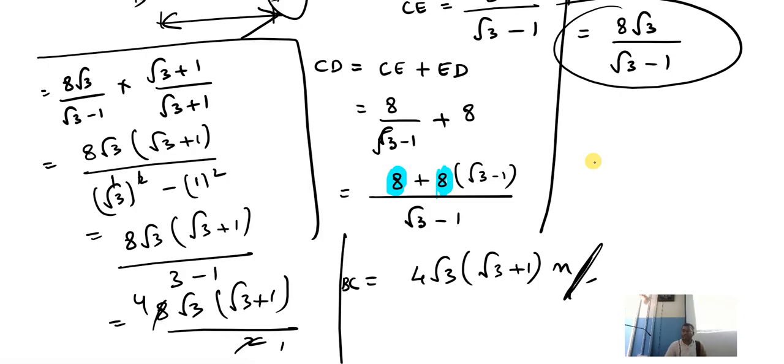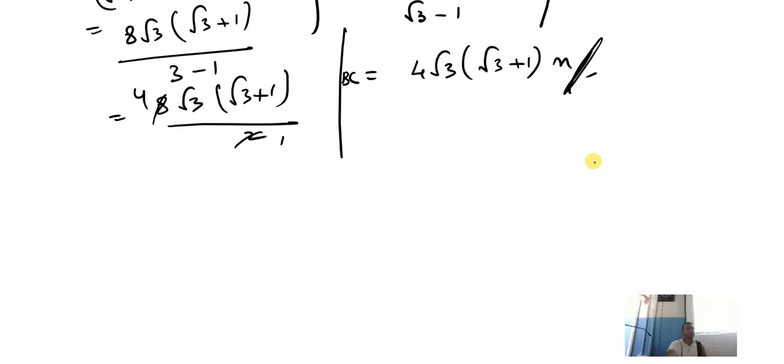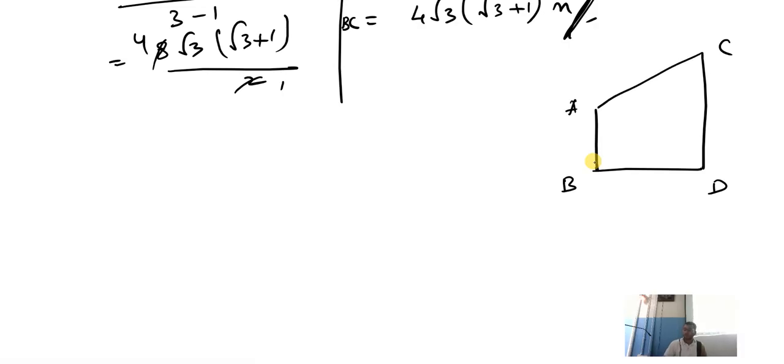And also they are asking something to calculate. What are they asking us to calculate? Distance between the two buildings. As we know, this was my diagram. This is our diagram, yes?